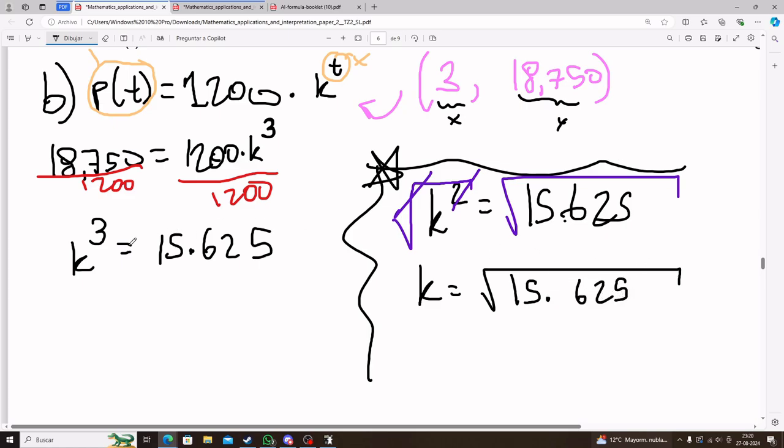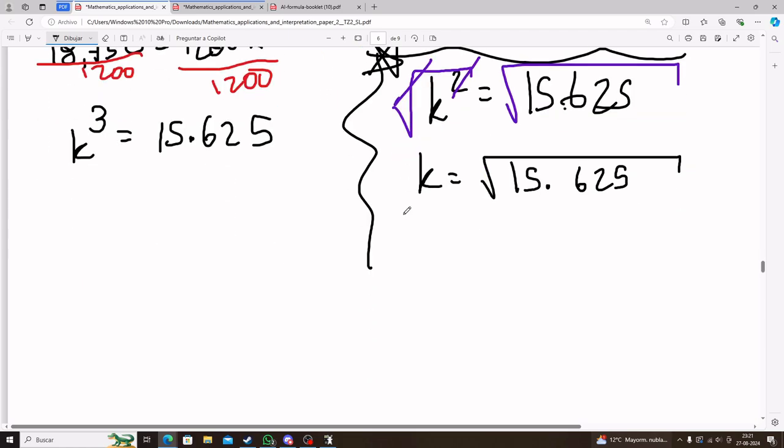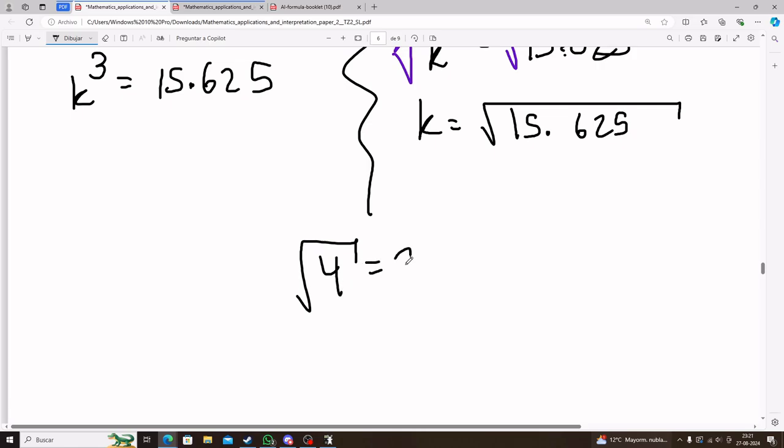From here, you can't exactly square root, or I mean, you can, but it's in a different way, and that's what I'm going to try to explain here. The example on the right works because when you do square root, what you're asking, in terms of math, is which value multiplied by itself gives you what's inside. That is why the square root of 4 is 2, because 2 times 2 gives you 4.